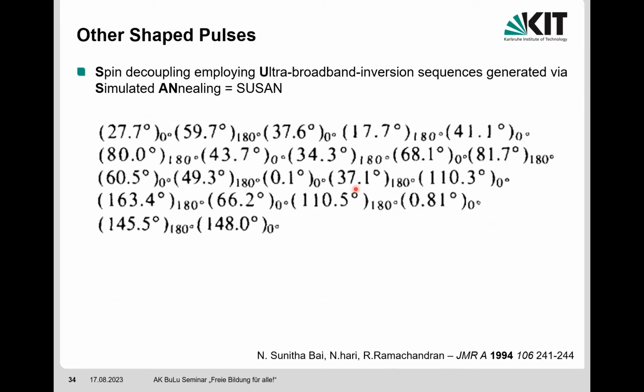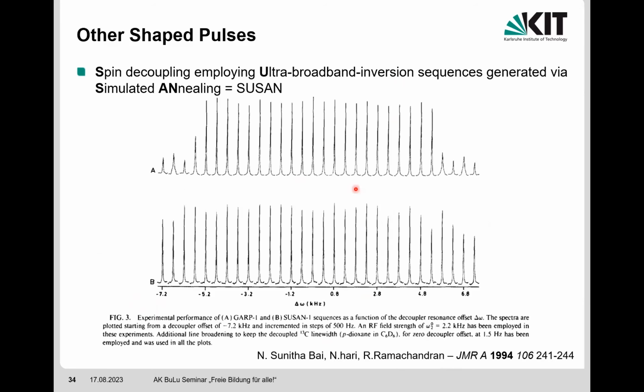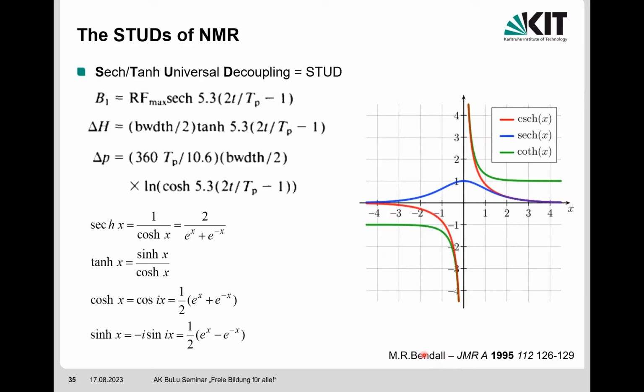Okay, here's a special shape pulse. Well, it had a Xi of 6.2, Susan decoupling. I don't see it used anywhere, but this was also a nice development at the time. And then Robin Bandel actually started out with adiabatic pulses.